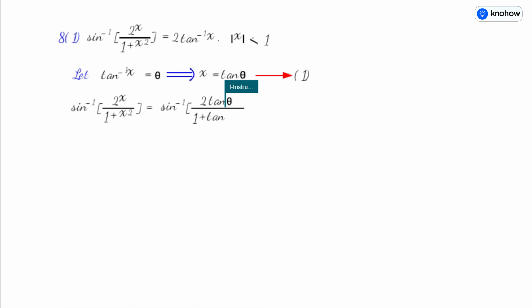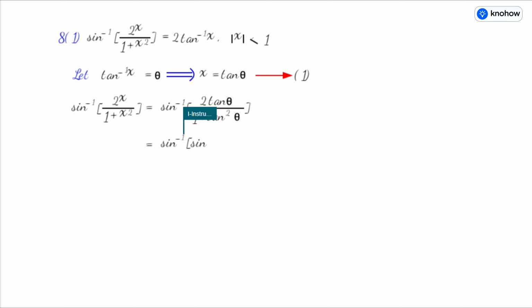Now tell me, what is that trigonometric formula which gives you 2 tan theta over 1 plus tan square theta? Just recollect the 2A formulas. What is the value of tan 2A? 2 tan A over 1 plus tan square A. So 2 tan theta over 1 plus tan square theta should be replaced by sin 2 theta.